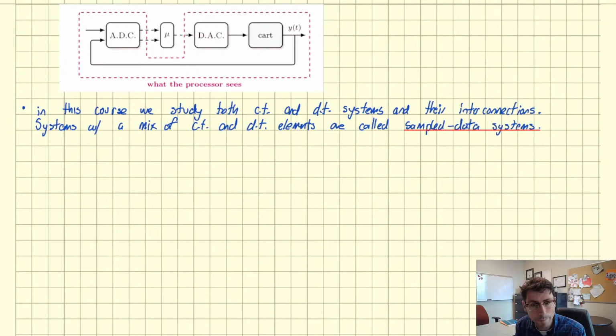Now, obviously, this course focuses on the controller design aspect, but there's lots of knowledge that goes into designing a real-time control system. And so I just want to point out the big picture here in terms of what you actually need to design these systems.